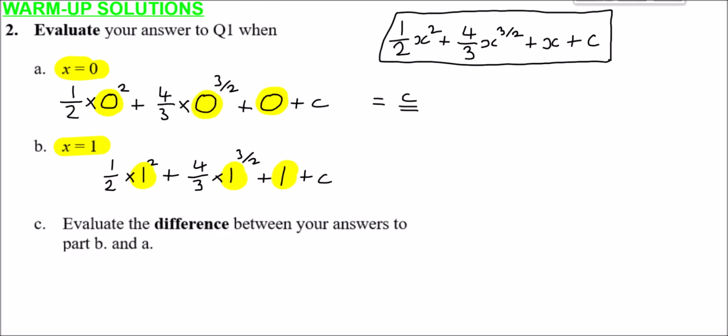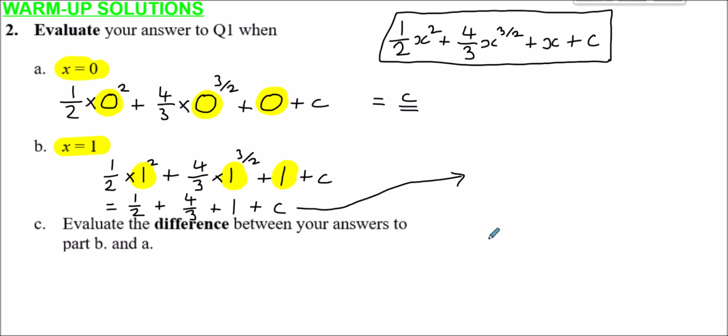And so what we're going to have here is a half plus 4/3 plus 1 plus c.